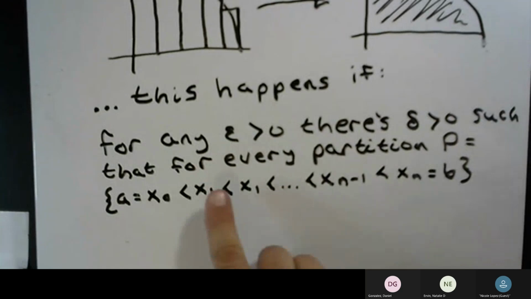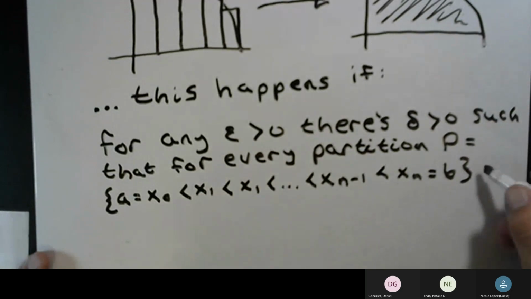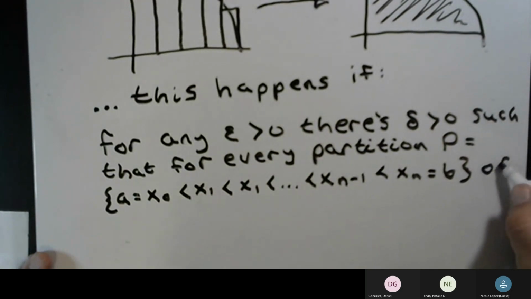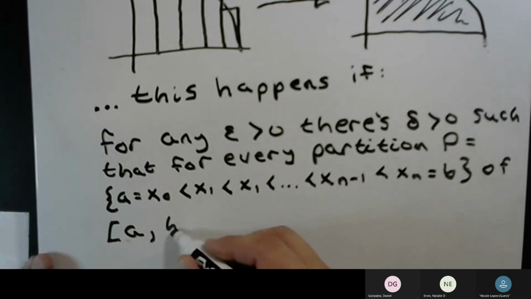So for every partition P, where we break it up into subintervals, and again, this is a partition of AB.